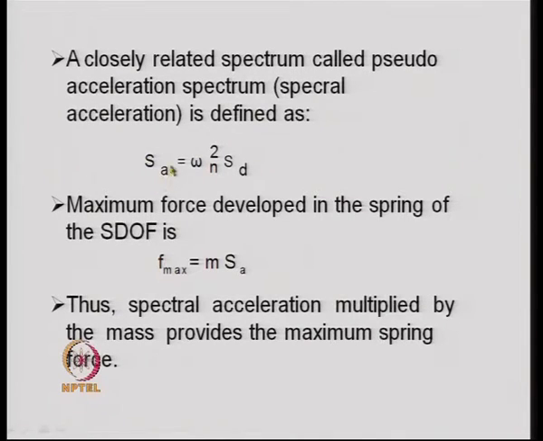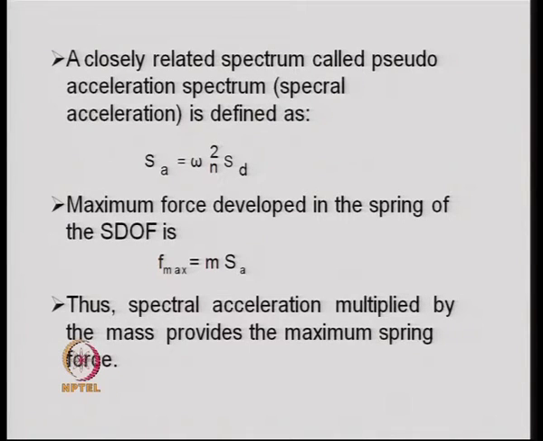So, one can plot now the SA versus omega n for a given damping ratio. So, we can plot three response spectra, that is the displacement response spectrum, velocity response spectrum, and the spectral acceleration response spectrum, for different values of omega n.